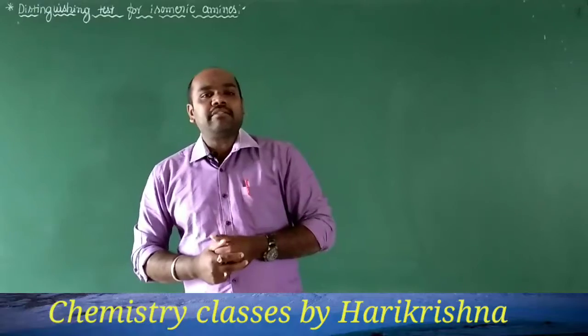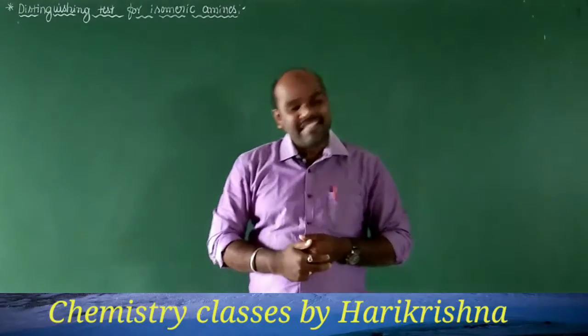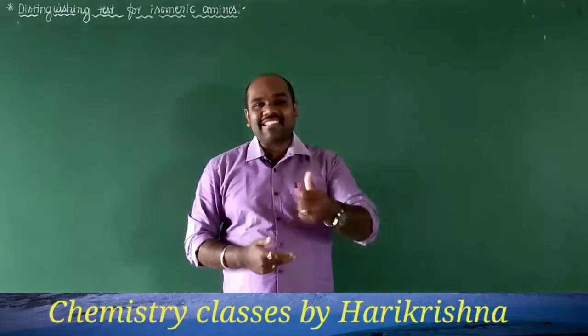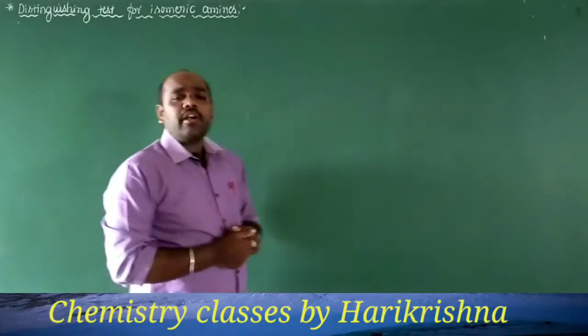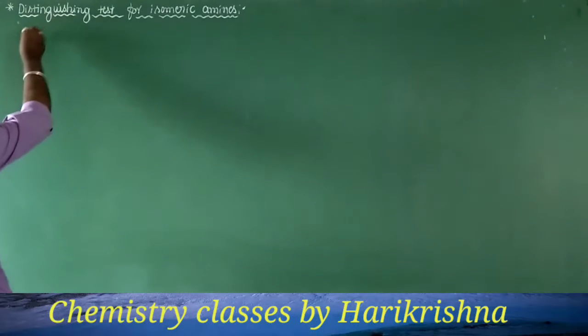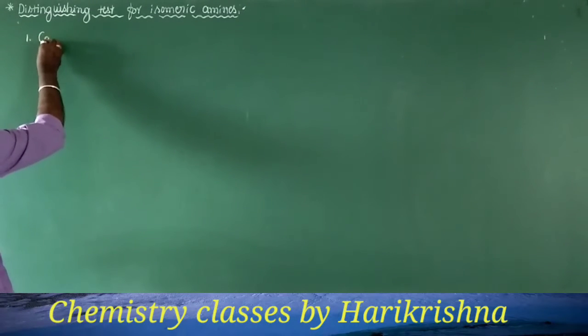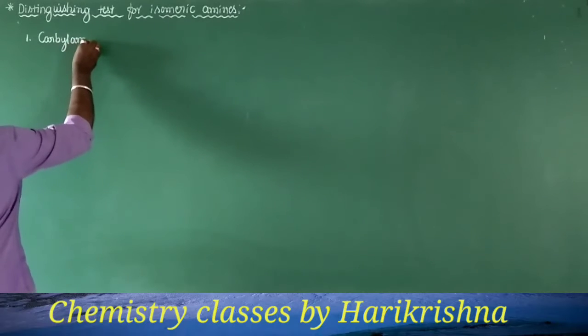So in this video we shall see one of the best tests we can use for distinguishing isomeric amines. The very best test we go with is the carbylamine reaction.